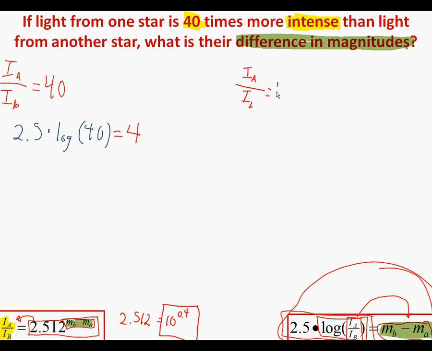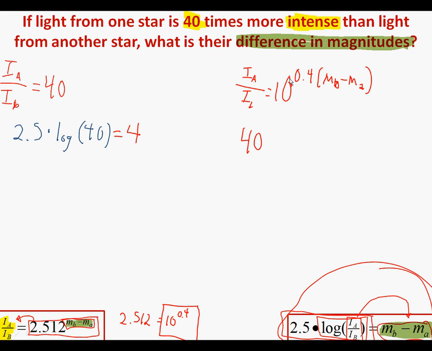So, 10 to the power of 0.4 times MB minus MA. Alright, so we can start plugging in values. This is going to be 40 over here.